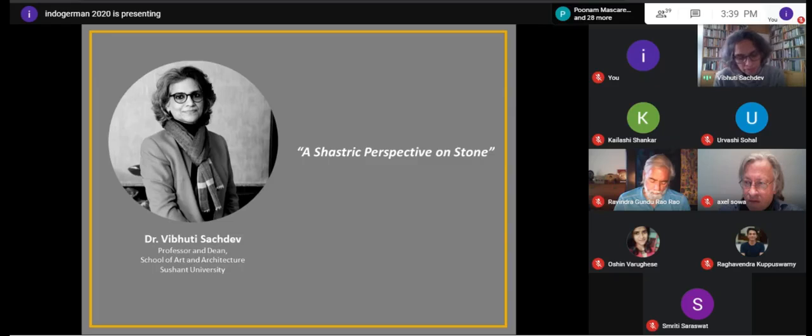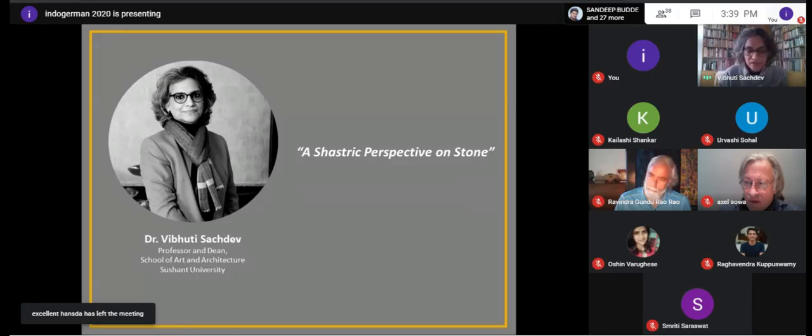And so I'm just focusing on a few examples from Mayamatam, and Manasara also has similar ideas. Vastuvidya, which is a northern Indian text, also talks about stone in a similar way. So these are generic ideas collected from various texts.